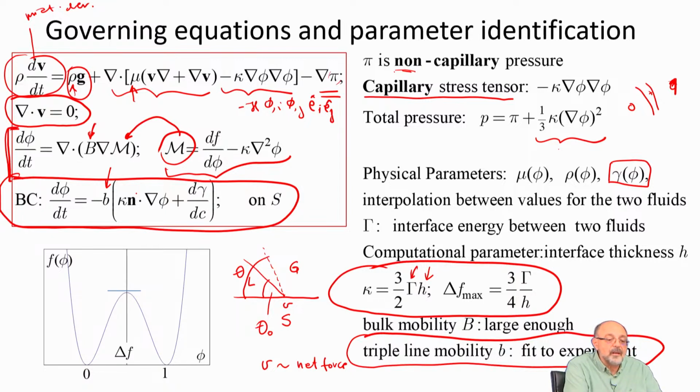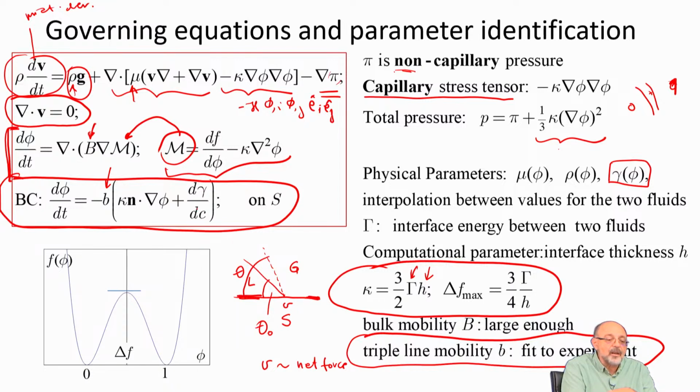Okay, how do we say it? If you remember Young's condition for equilibrium of surface tension, there is a cosine alpha. Well, this n dot gradient phi will have cosine in it, and this will have the difference between this interface energy here and interface energy here.